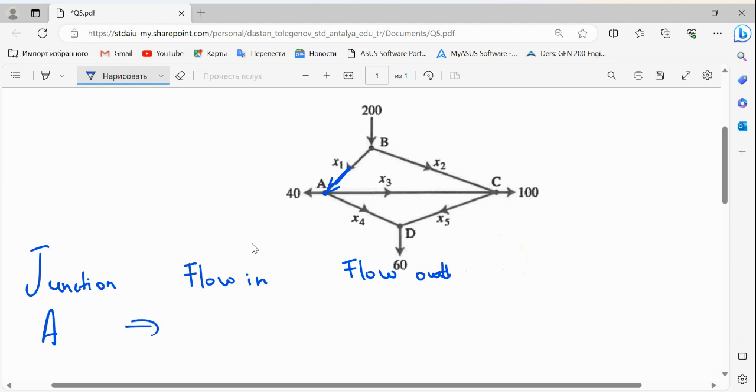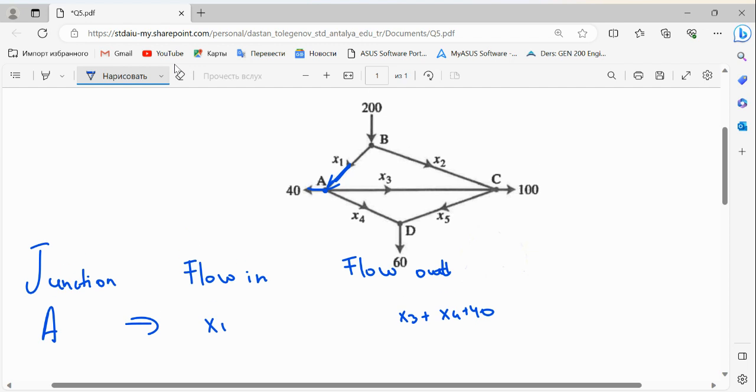So flow in is going to be the x1 variable and flow out is 40, which is going out from the A junction: 40 plus x3 plus x4. But actually, since we will have matrices, let's write variables first and then integers at the end.